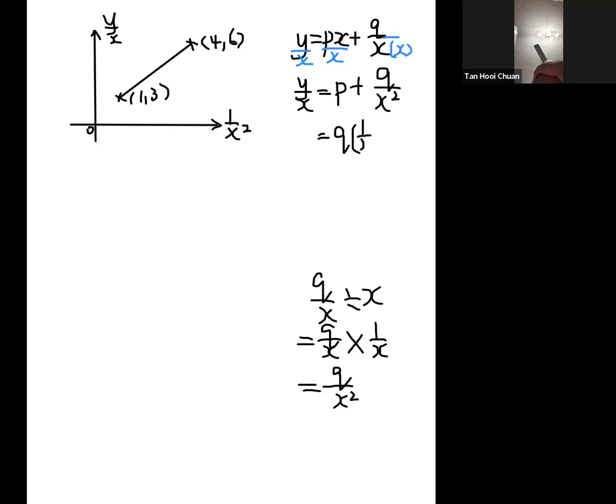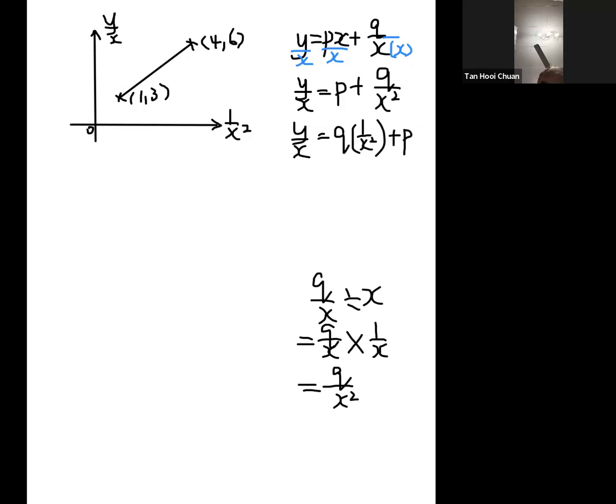So all the things you don't understand, even though it's kindergarten, please ask me. Actually, the worst thing is not the Form 4 Maths. Because Form 4 Maths, you don't understand, I teach 30 years already, of course I can guess what you don't know. But the primary school thing you don't know, or even Form 1 to Form 3, sometimes I don't know. Nobody knows that you don't know. If you don't ask, forever don't know already.